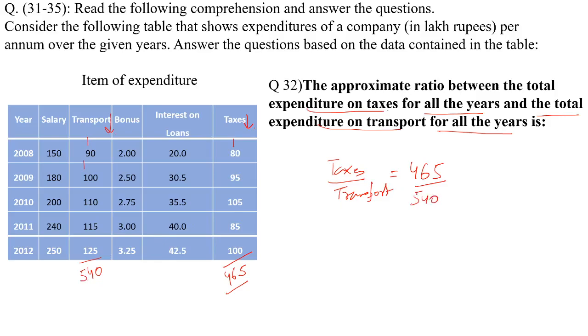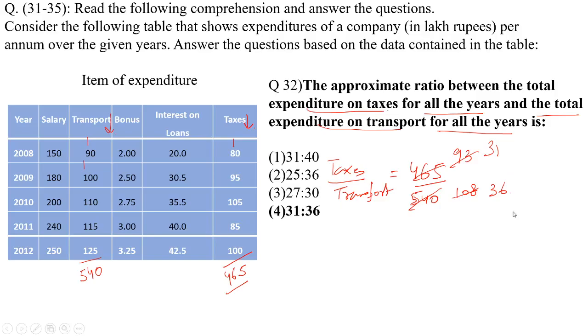When you cancel it, it will be 93 upon 108. Again by 3 it will be 31 upon 36. Now let's see the options. It's option number 4, 31 is to 36, correct?